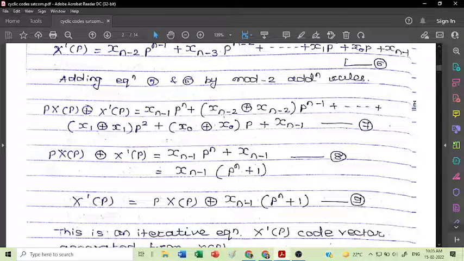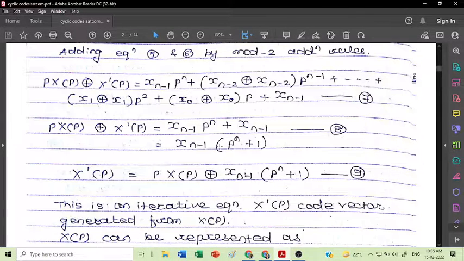Therefore x of n minus 2 mod with the same term x of n minus 2 gives us 0. Similarly for this 0, and this is also mod 2 addition will be 0. Therefore here at the right hand side we will be getting only two terms. Here we can take x of n minus 1 common, then in bracket p raised to power n plus 1.